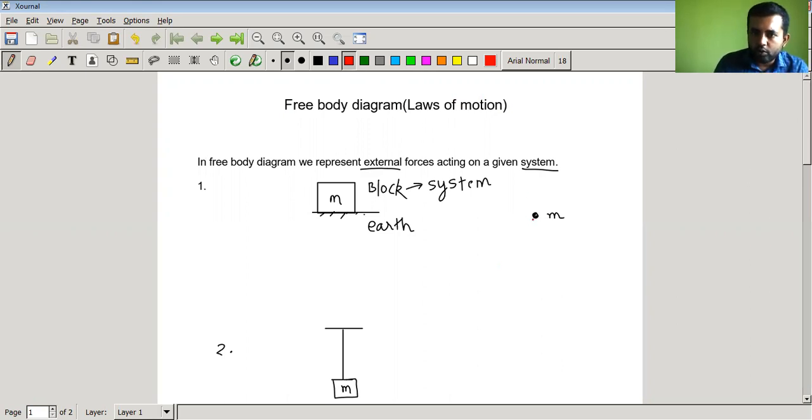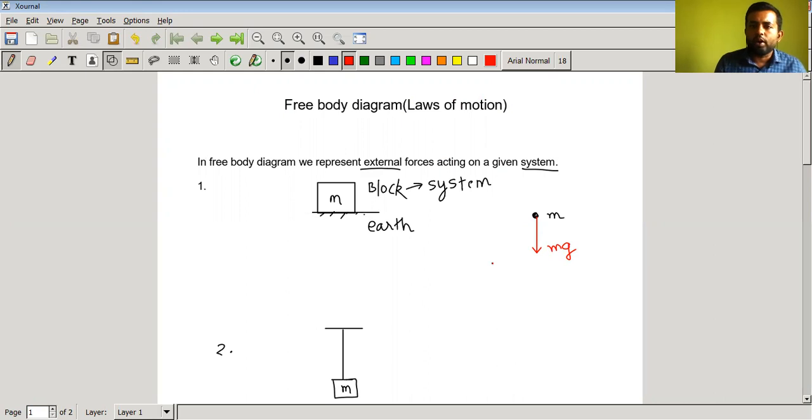So, first external force on our system I'm drawing is the gravitational force, or what we call weight. Okay, so I'm representing it by red arrow, and this force, you know, will be m into g.